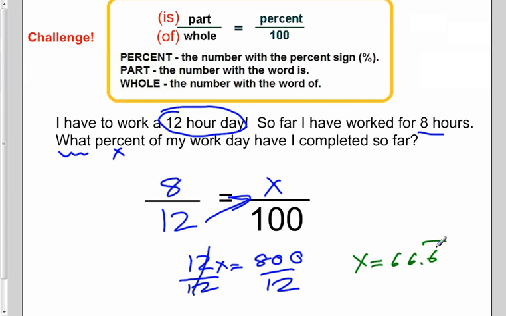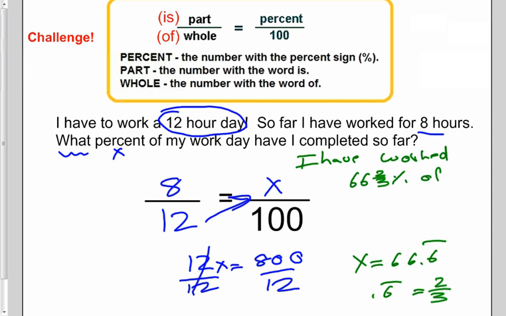So we know that 0.6 repeating is equal to 2/3. Just memorize that. So the answer to my question would be, I have worked 66.6% of my day. Okay, remember our x is here, and that this is our percent.